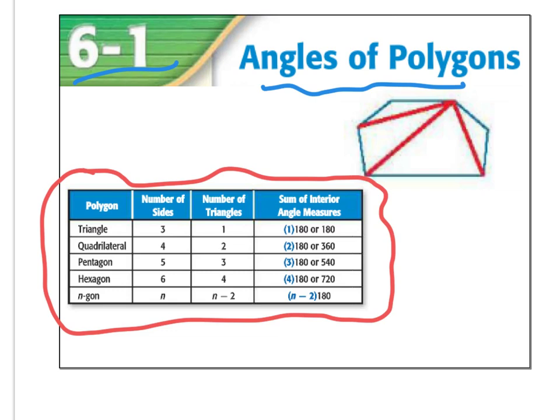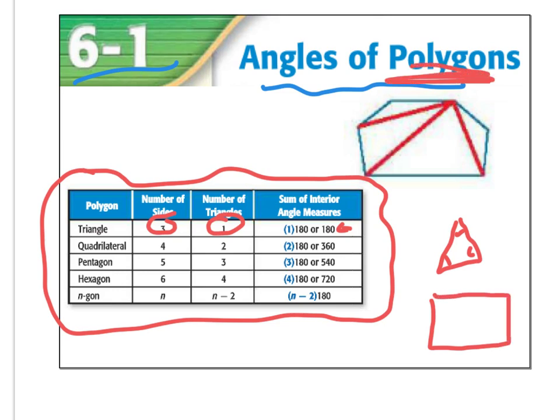So the patterns are, if I had a triangle, just a regular triangle, we know from last chapter that the triangle has three sides, and you can make one triangle out of a triangle. Well, that makes sense. And we also know that all three angles, when you add them, are 180 degrees. Now remember that. Now if I had a quadrilateral, which is a four-sided figure, polygons are enclosed shapes that have three sides or larger.